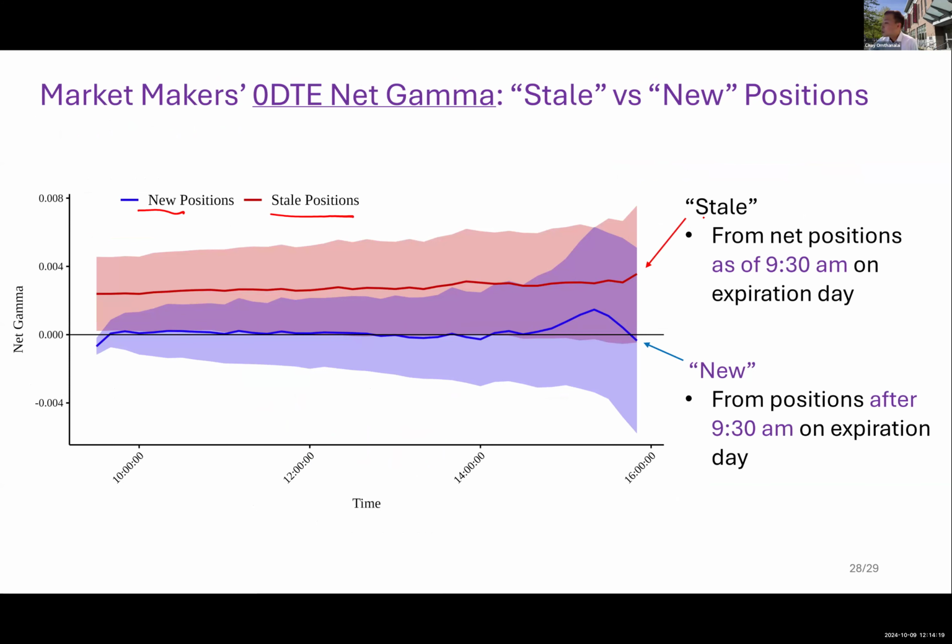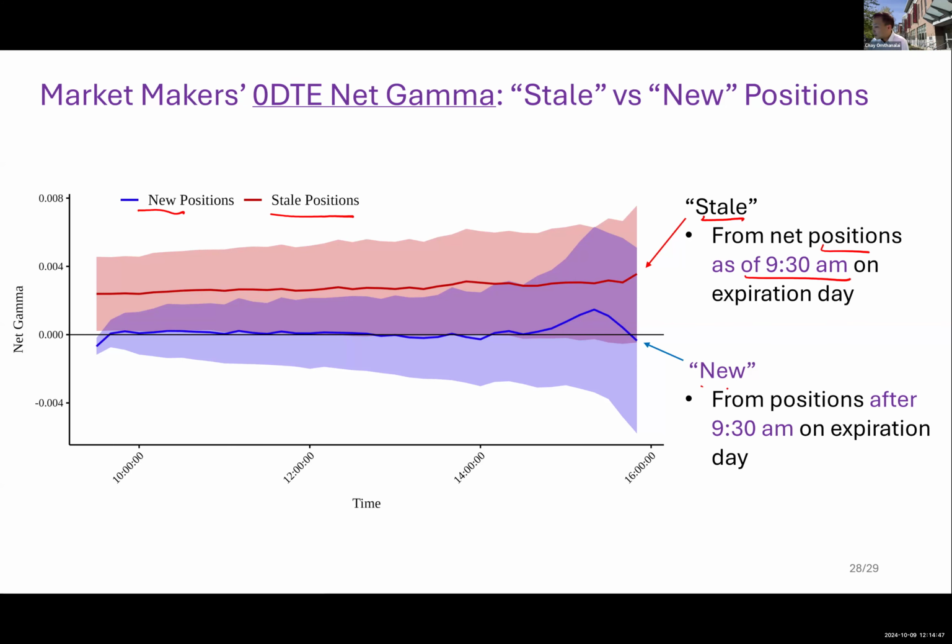The stale, that's what we call it, is coming from the net position as of 9:30 a.m. on expiration day. So we calculate net gamma using the 9:30 a.m. net open interest, hold that position constant, and just let the gamma of the option contract evolve. And you can see here the band is a 75% quartile.